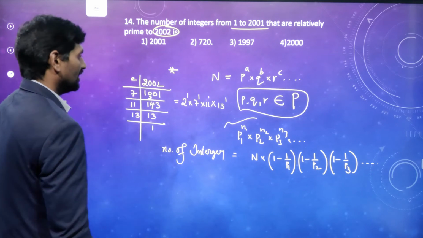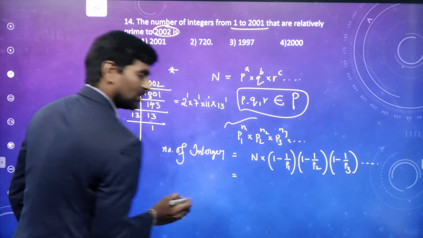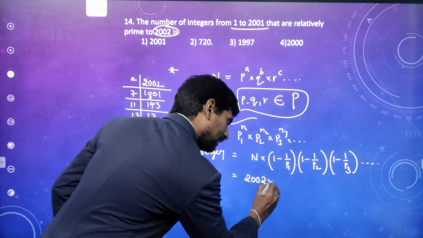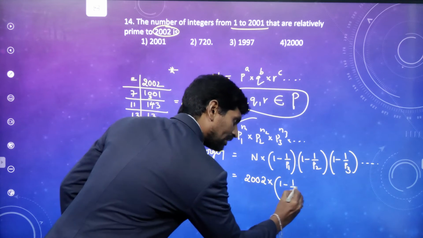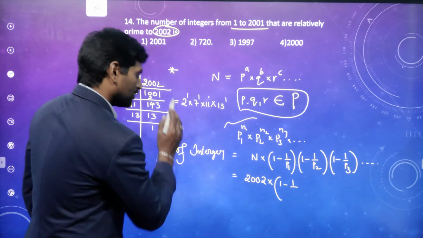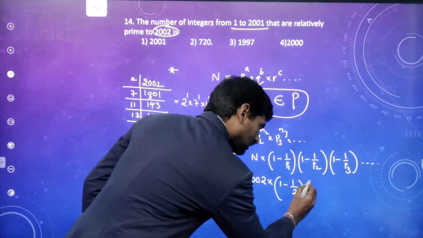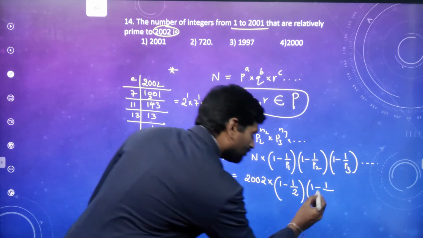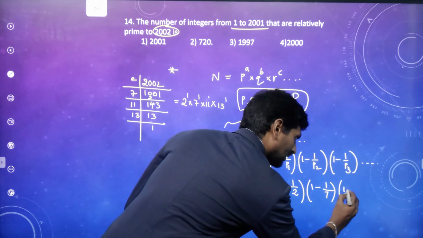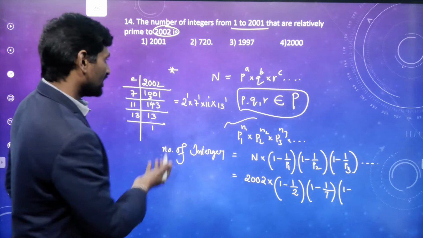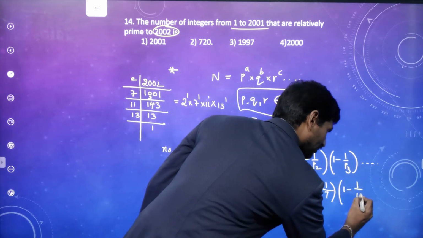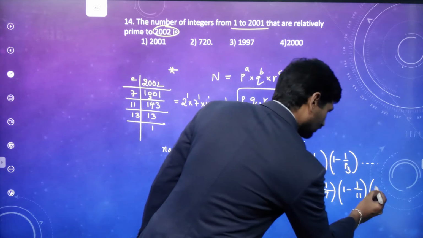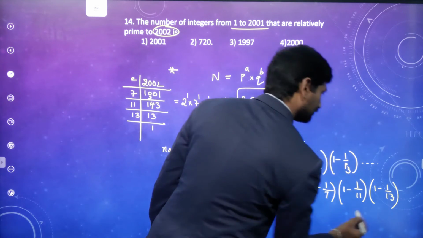Let us substitute in the formula. n is the composite number itself, 2002, into 1 minus 1 by the first prime number 2, next 1 minus 1 by the second prime number 7, next 1 minus 1 by the third prime number 11, and the fourth prime number, 1 minus 1 by 13.